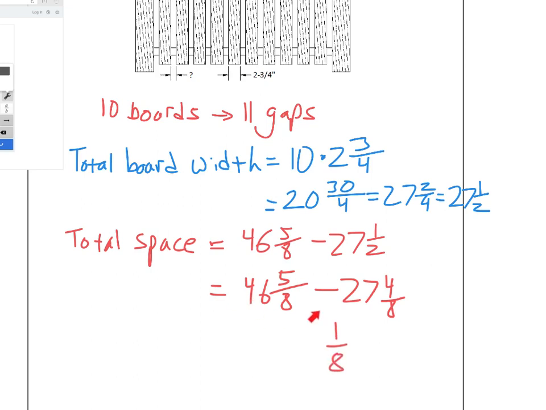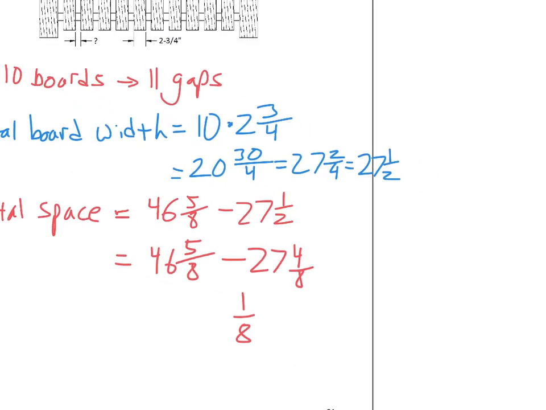46 minus 27, well, you can subtract this a lot of ways, all right? So think about this, little side note. How far is it from 27 up to 30? I think that's 3. And from 30 up to 46, that's 16.